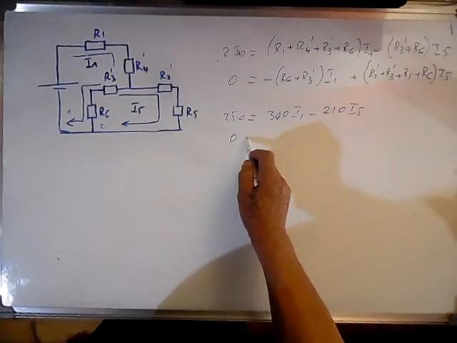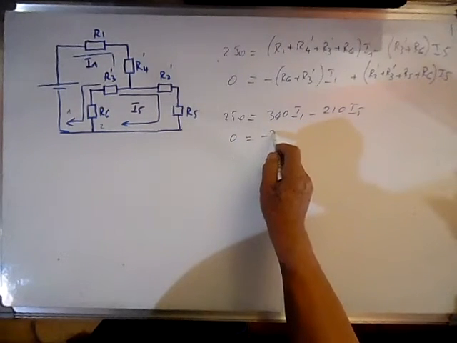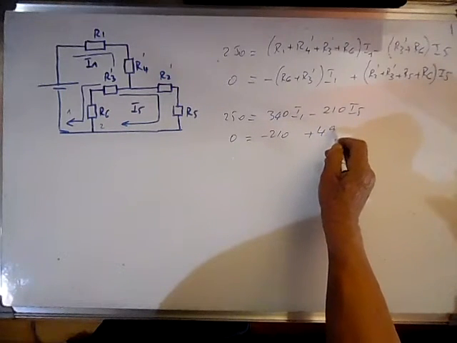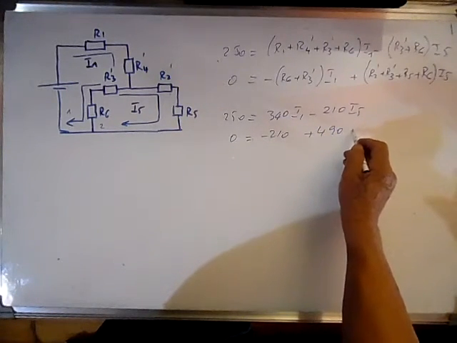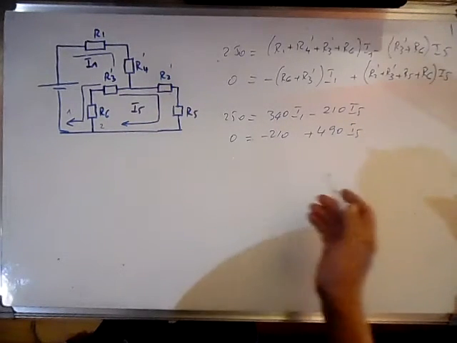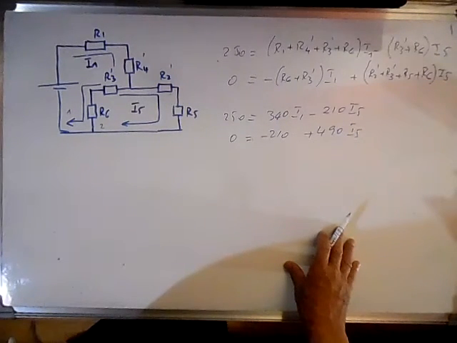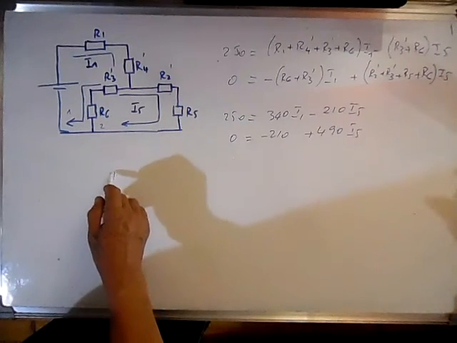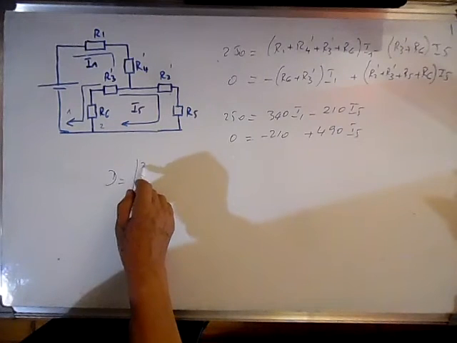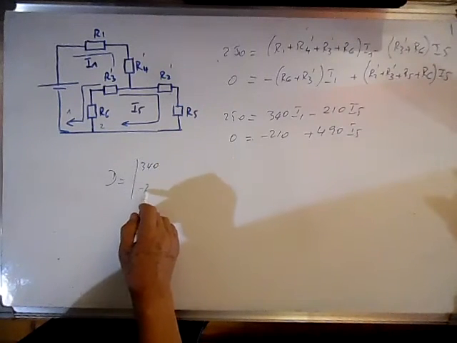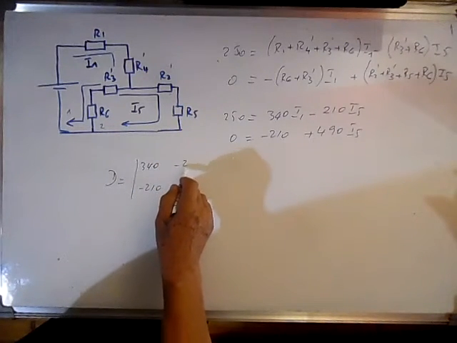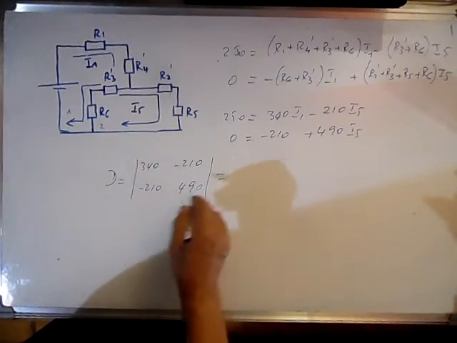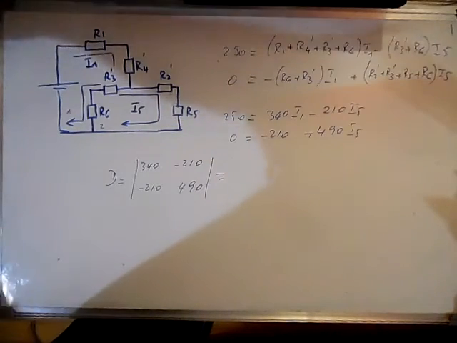Here we'll have 0 is equal to minus 210 I1 plus 490 I5. From here we can calculate the current I1. D we can calculate: 340, minus 210, minus 210, 490.